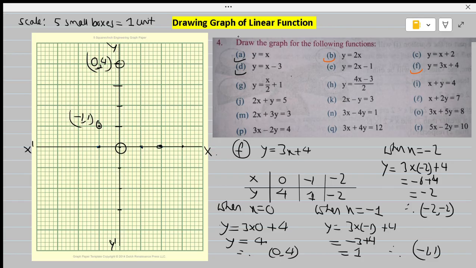So minus 2 comma minus 2: for minus 2 we count on the left side, 1, 2, so this is minus 2, and then to count minus 2 for y we have to count down. So this point is minus 2 comma minus 2. So we have placed all 3 points which we identified here, and I'll join them to draw the line.